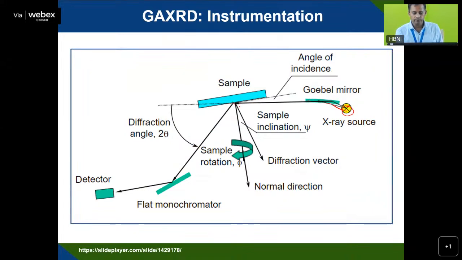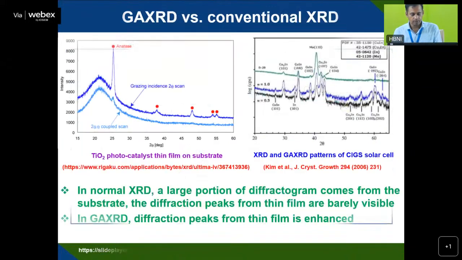After the sample, the beam goes to the flat monochromator, and then you have a detector here. Sample rotation is possible, changing the sample rotation with the grazing angle variation, so you can vary the angle of incidence and easily get different depth profiling. You can see an example here of normal, conventional X-ray and grazing angle X-ray.